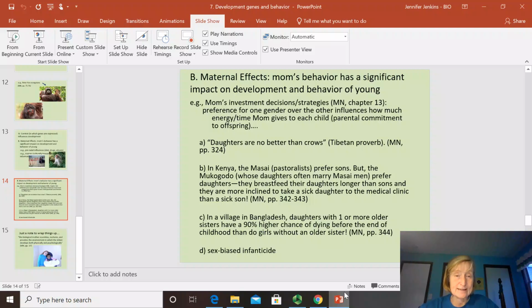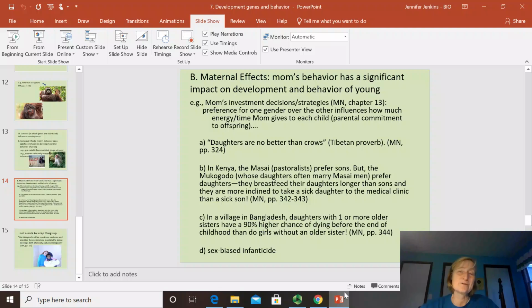Now, here's an interesting thing. In Kenya, there are different groups of people, the pastoralists, who raise sheep and cattle. The Maasai prefer sons. But the Mukogodo, I don't know how to say that, whose daughters often marry the Maasai men, prefer daughters.